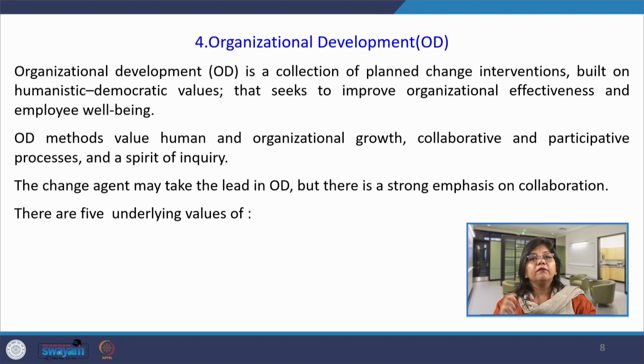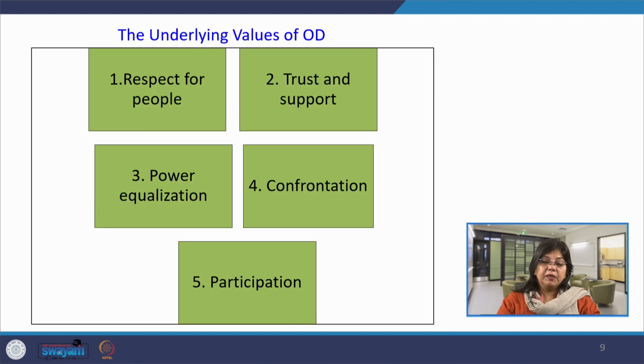So, there are 5 underlying values of organizational development: respect for people, trust and support, power equalization, confrontation and participation. These are democratic and humanistic values, where employees are considered as human beings. There is concern for human beings in this approach, and at the same time the problem is also focused on based on change implementation.